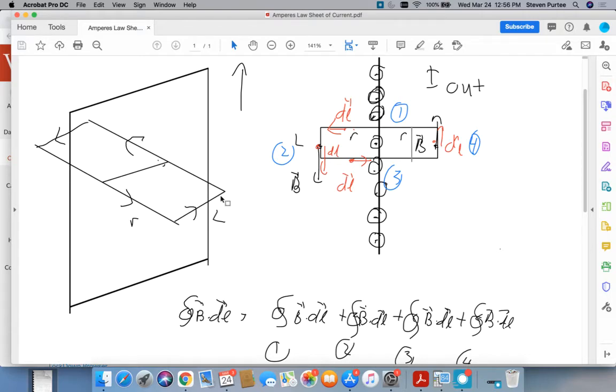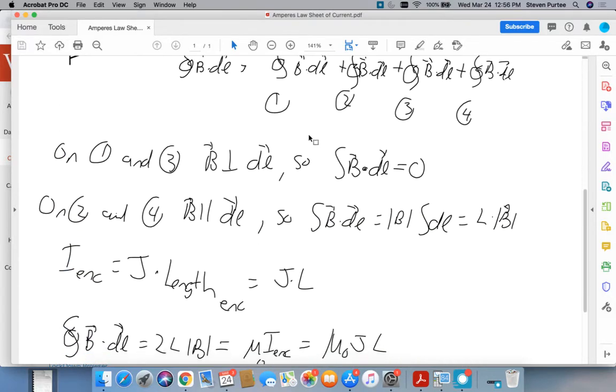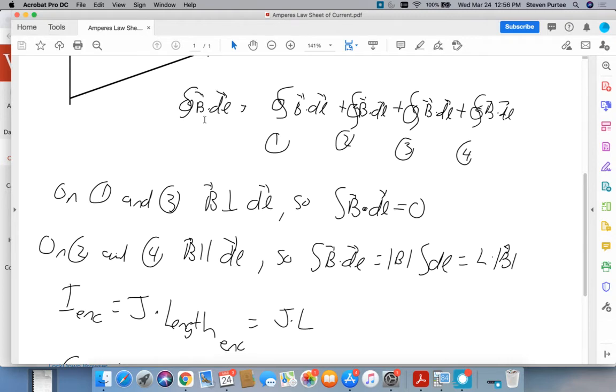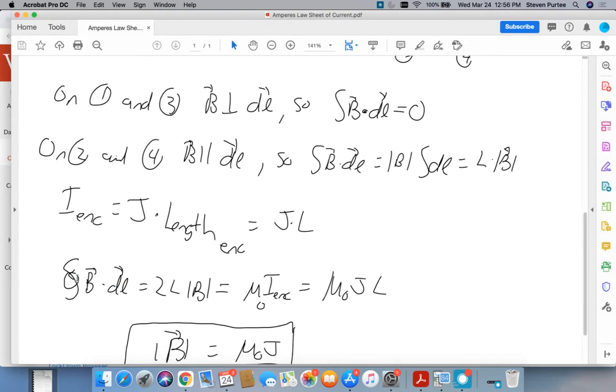L. Here's side 4. This back here was side 2. Here's 1 and 3. So integral of dL is just the length of this side. So I get an L here. And I get another L from this side. So all the way around this entire integral, I get 2 zeros and 2 L's. Integral around the entire loop of B dot dL is 2L times magnitude of B.